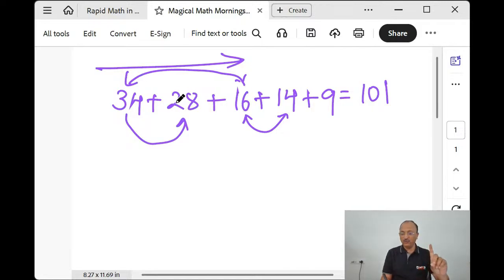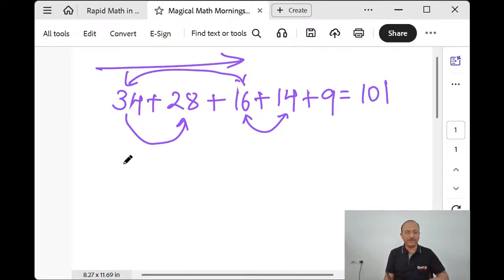That means I am adding only the tens. 50, 70, 78, 88, 92, 92 plus 9, 101. Quickly what we say? 50, 78, 92, 101.